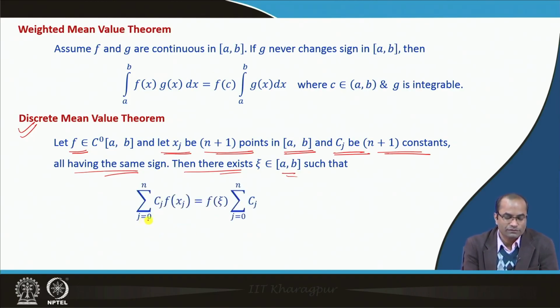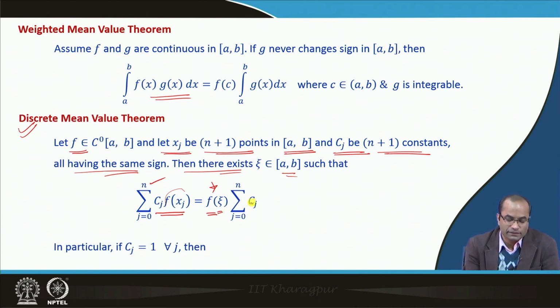So, the summation from j equals 0 to n of c j f x j will be equal to, in a similar situation, this f can be taken outside, and then there will be a point xi again lying between that a and b interval, times the summation j 0 to n of c j.